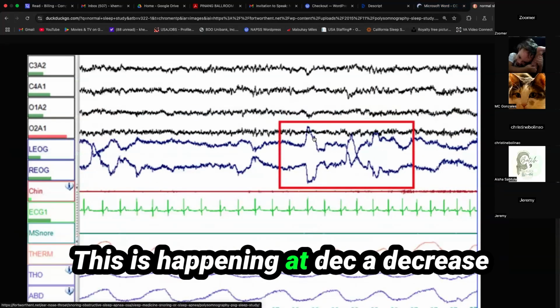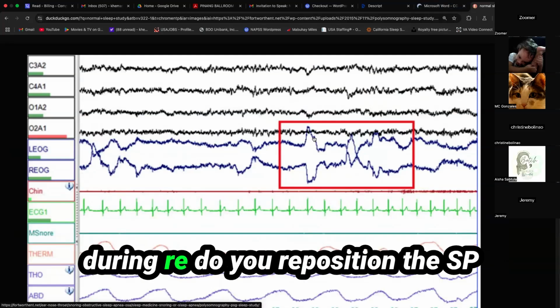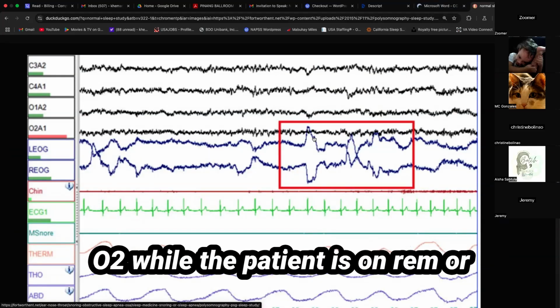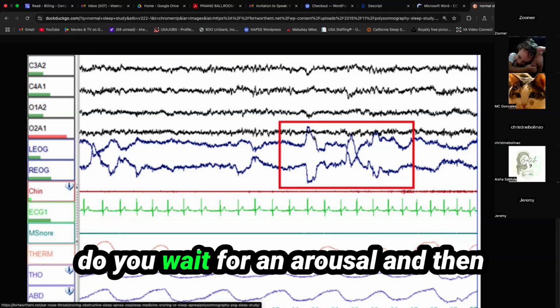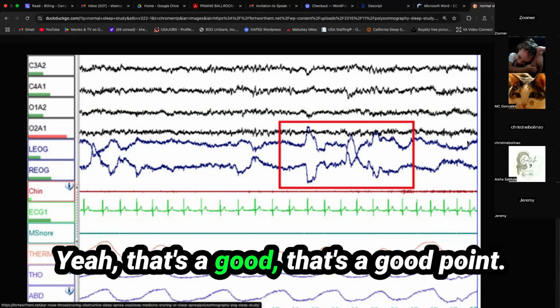This is happening, a decrease in the O2 below 89, but this is happening during REM. Do you reposition the SpO2 while the patient is in REM, or do you wait for an arousal and then get in and reposition the SpO2? Good point.